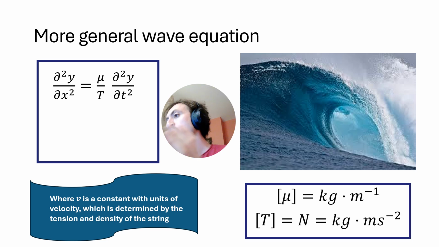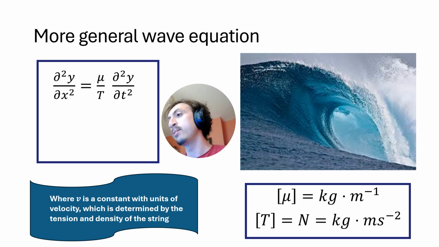In physics we denote the units of a quantity with square brackets around the quantity. Note that the mass density has units of kilograms per meter, and the tension has units of newtons, which by Newton's laws is equivalent to kilograms multiplied by meters per second squared.